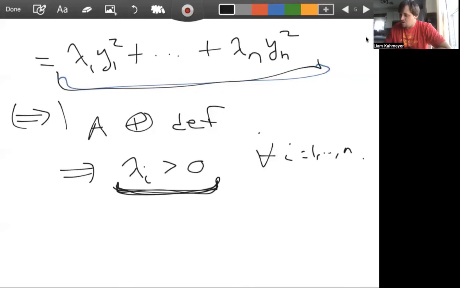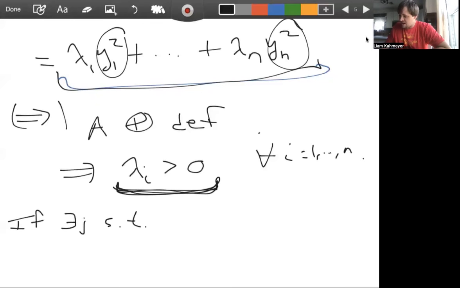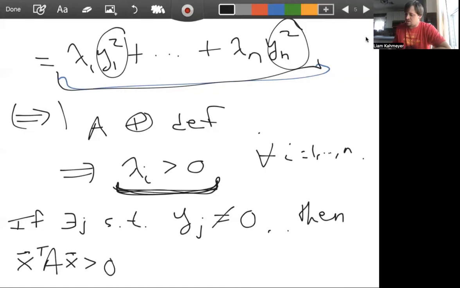And if you look up here, the other factors of these products are squares. So if there exists some j such that yj is not 0, then we would guarantee that x transpose Ax is greater than 0.